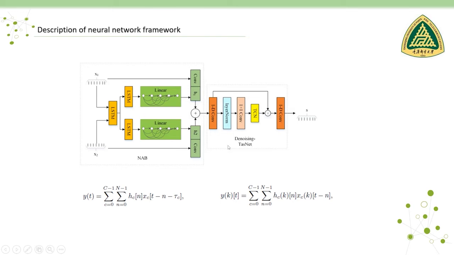The Denoise-TasNet includes one convolution and layer normalization, and convolution, and then the TCN. The output of TCN will be decoded to get the predicted speech.